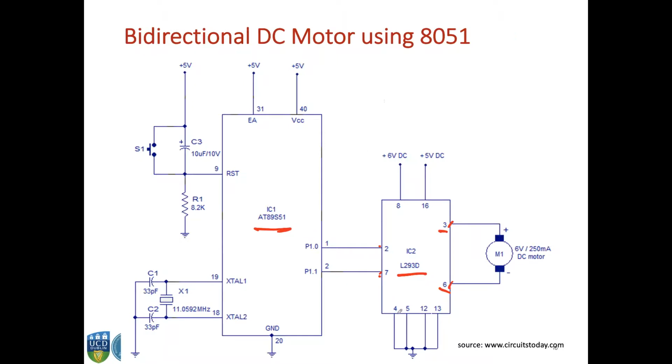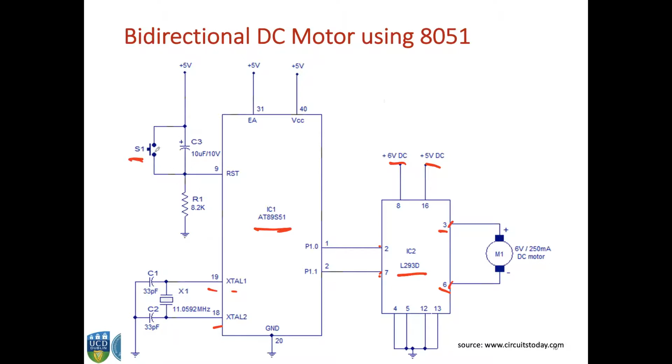Then pins 4, 5, 12 and 13 are grounded, and 8 and 16 have the supply voltages. This is the usual microcontroller, where you have the clock input through these two crystals, and then you have a switch here.